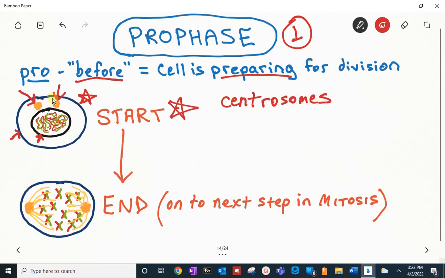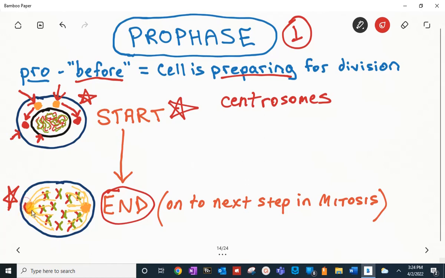And what they're going to do, they start up next to each other on one side of the nucleus, and as prophase goes along, they're going to move apart from each other to opposite ends of the cell until one is over here and one is over here. Now at the end of prophase, we're going to end up with a cell that looks like this.